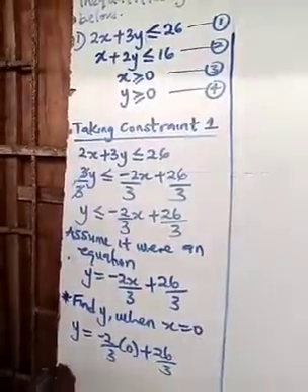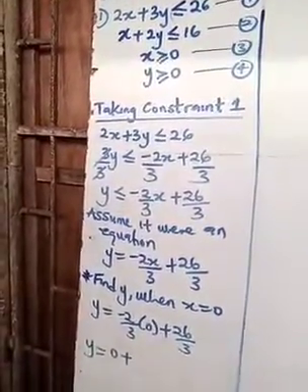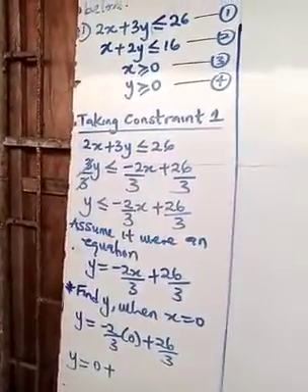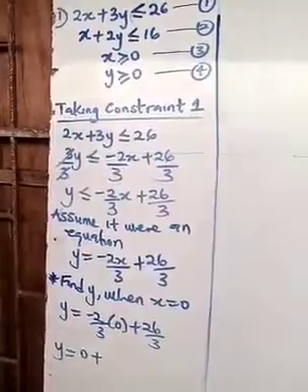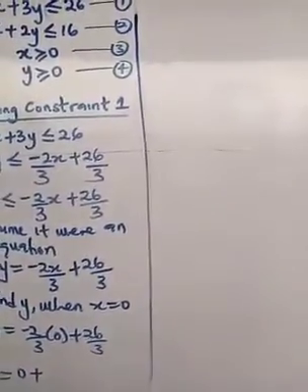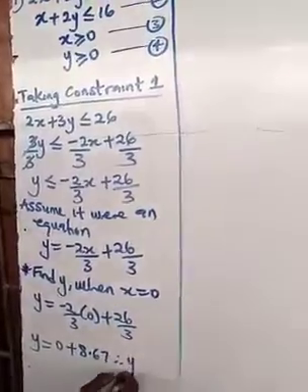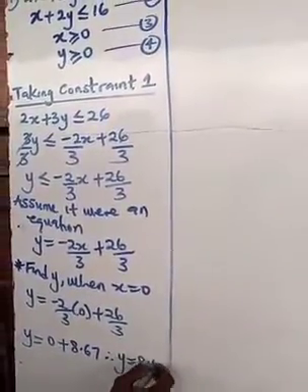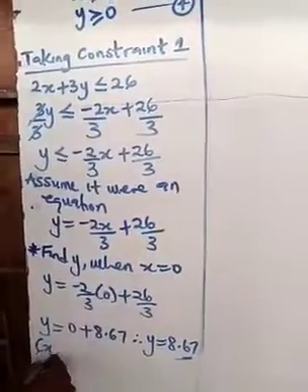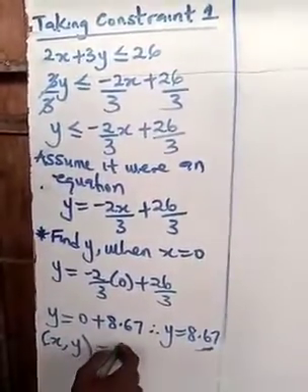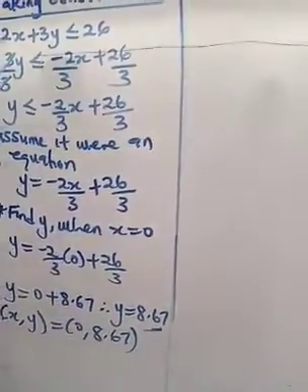So y equals 0 plus 26 over 3. What will 26 over 3 give us? 26 over 3 will give us 8.67. So y equals 8.67. So when x is 0, y is 8.67.